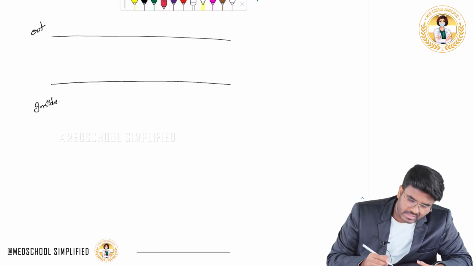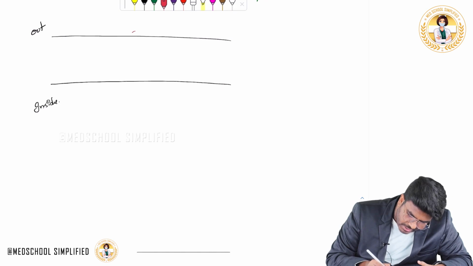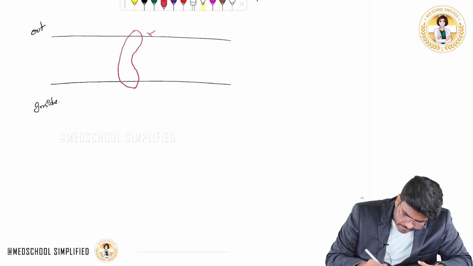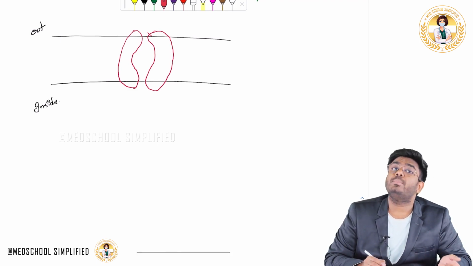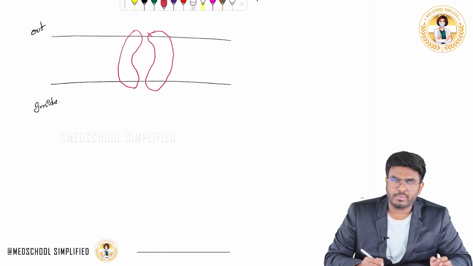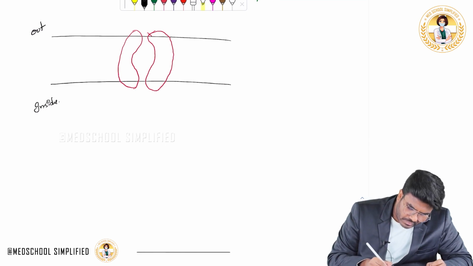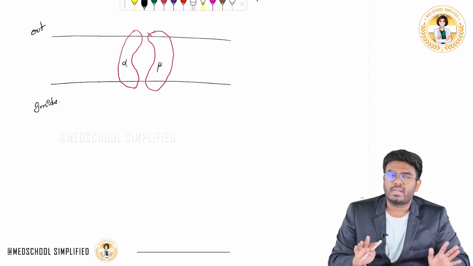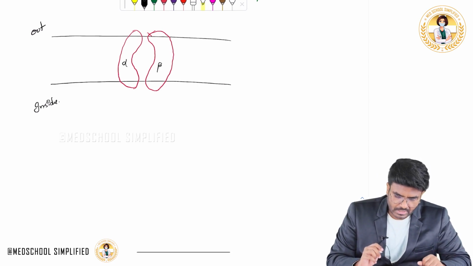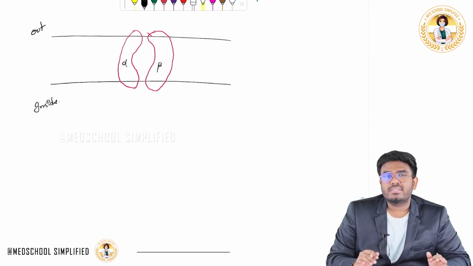Now, in this bilipid membrane, there is a transporter present, which is called sodium potassium ATPase. It has alpha subunits and beta subunits. Here, for easy understanding, I am showing this as an alpha subunit and this as a beta subunit. Normally it's not like that; there are two alpha subunits and two beta subunits, but it's made up of alpha and beta subunits.